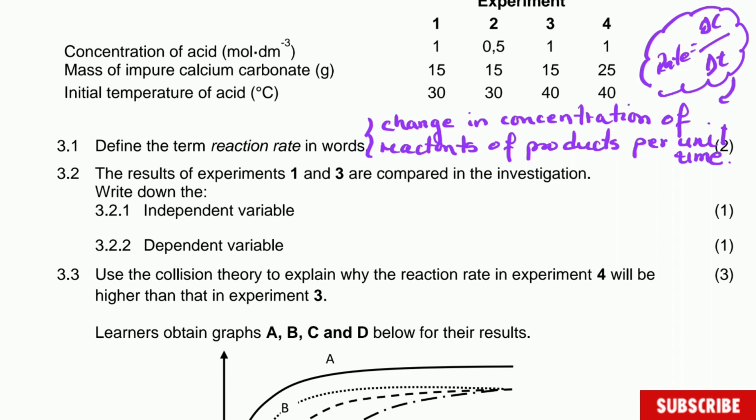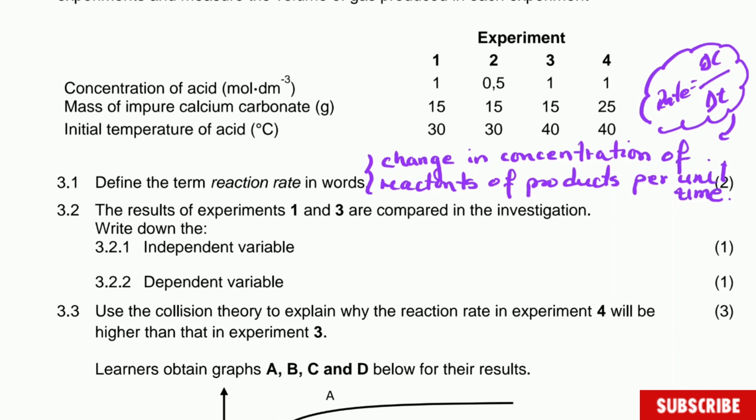Question 3.2. The results of experiment 1 and 3 are compared in an investigation. Write down the independent variable. Now, what did they change? The concentration was constant.